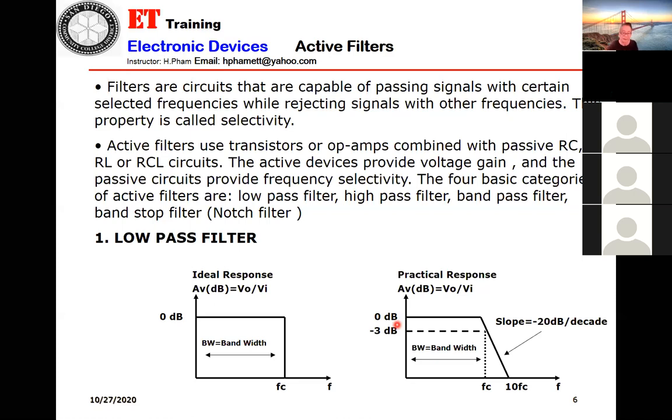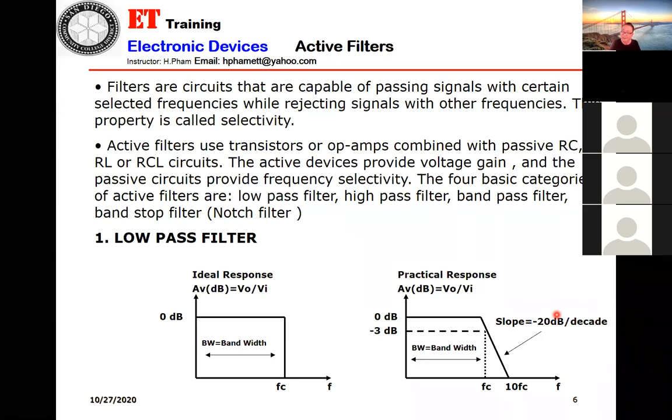So that's why I bring it up, to make sure you understand the role of the filter, and it will depend very much on what type of filter. Active filters use transistors or op-amps combined with passive RC, RL, or RLC.